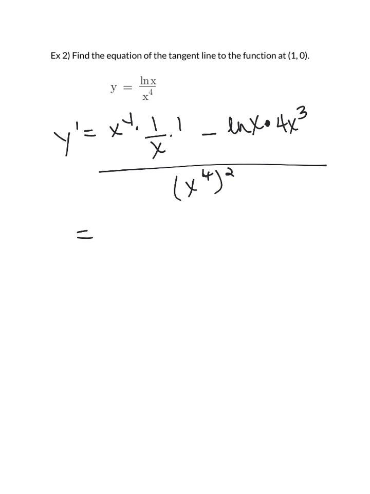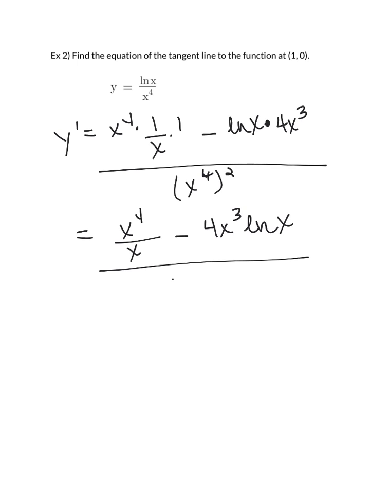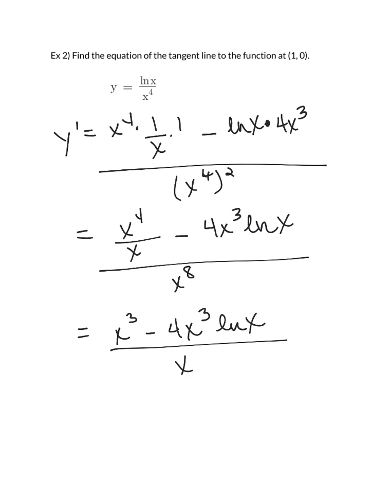So x to the 4th times 1 over x times 1 gives us x to the 4th over x, minus, I'm going to put the 4x cubed out front so that we can tell it's not part of the argument of the logarithm, and that's all over x to the 8th. x to the 4th over x simplifies to be x cubed, minus 4x cubed natural log of x, all over x to the 8th.